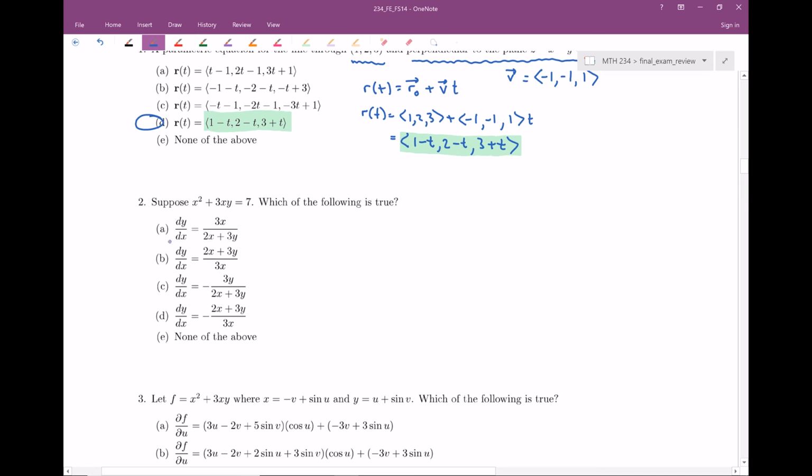So remember there was something about this, with these dy dx's, back when we first learned about the chain rule, the multivariable chain rule. There was something that said dy dx is equal to negative capital F, a partial derivative with respect to x, divided by capital F, the partial derivative with respect to y.